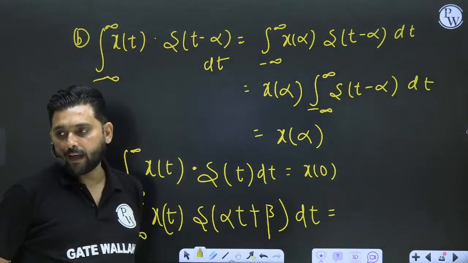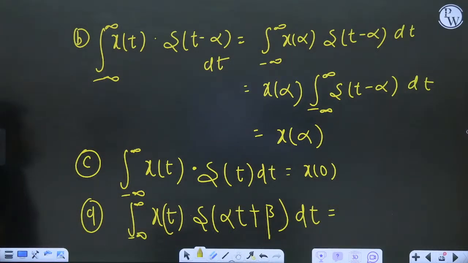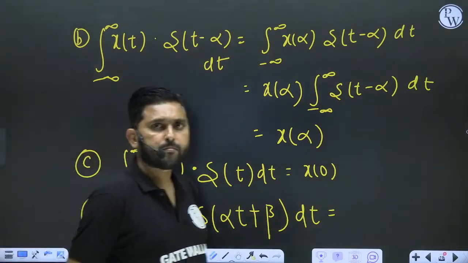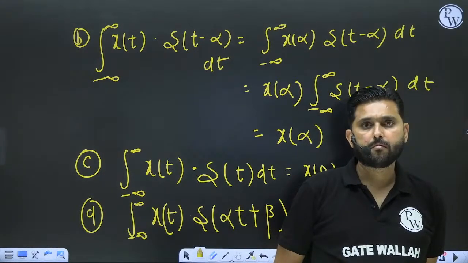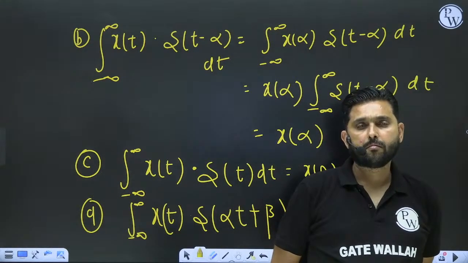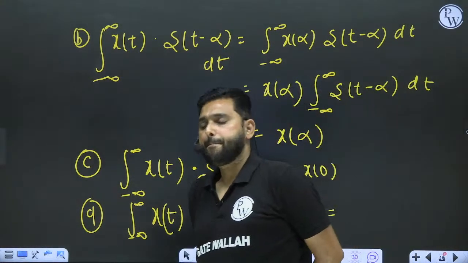What is the result if I have x of t times delta of alpha t plus beta dt? Come on.